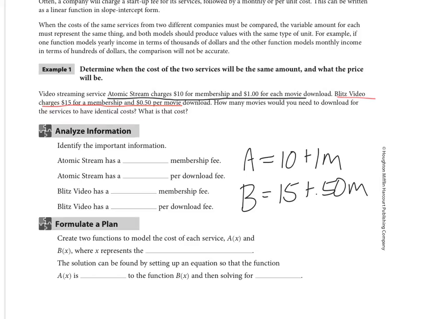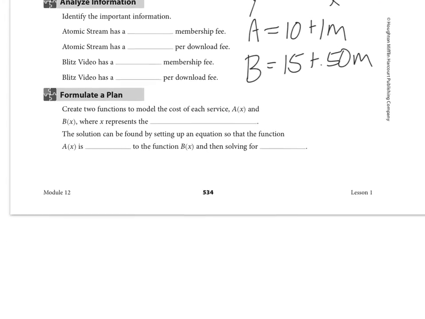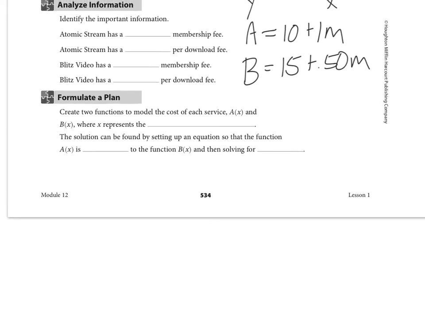Now again, you may want to think of this as y and x so that you can do graphing or whatever method you choose. For me, I'm going to choose to do one of the hand methods, like elimination or substitution.